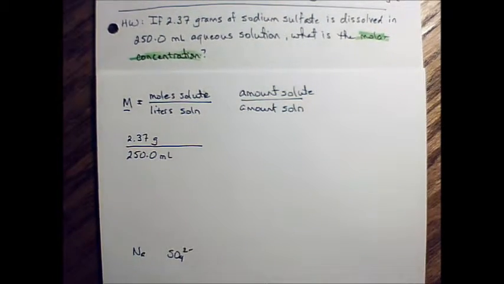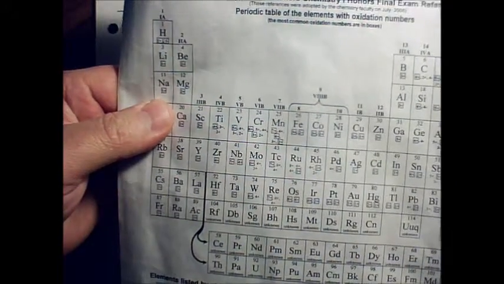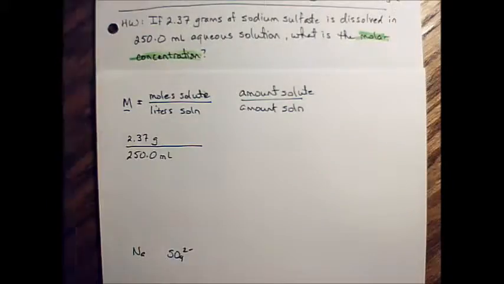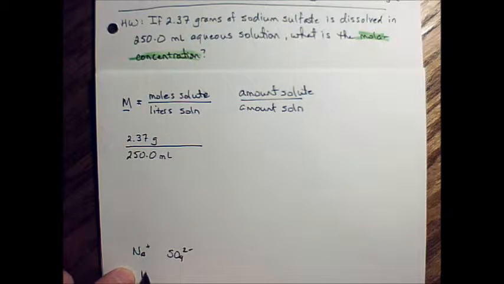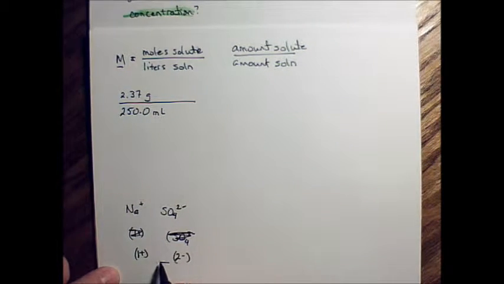The symbol for sodium is found on the periodic table, but if you want to find the charge, you can look on the periodic table with oxidation numbers, also in your test references, and there's a 1+ charge on sodium right there above my thumb. We want to put together a particle that has a 1+ charge with a particle that has a 2- charge. But we need enough of each kind of particle so we get a zero charge when we're done.